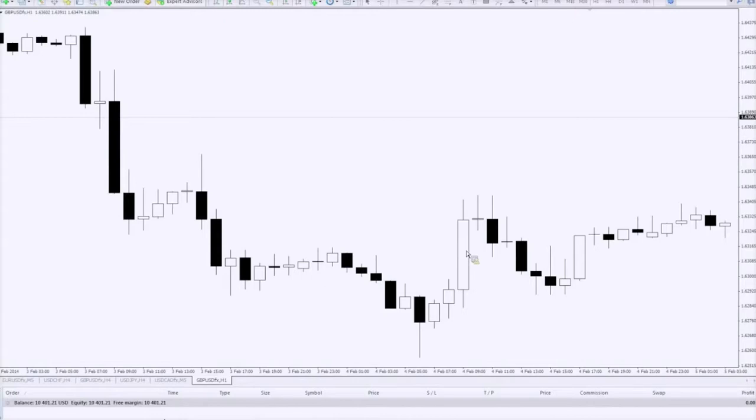And then if I move to a different candle, you see all the numbers change because now I'm measuring a different candle. So now the open on this candle was 1.63312. And because it's a black candle, I know that the closing price had to be lower than where it started.